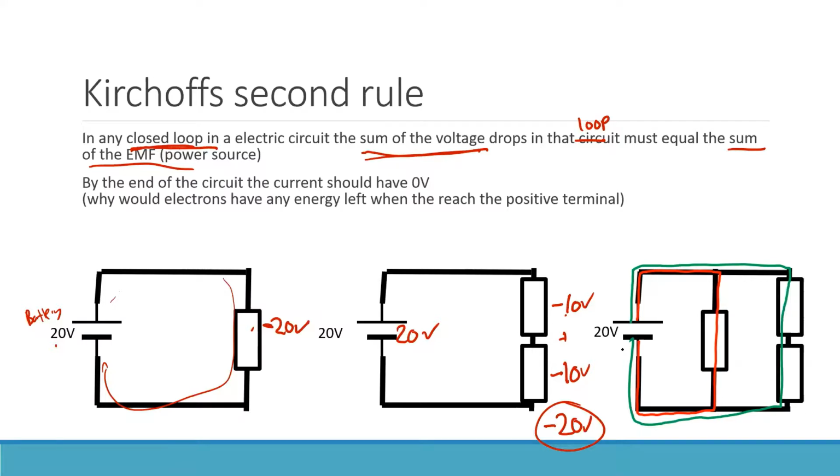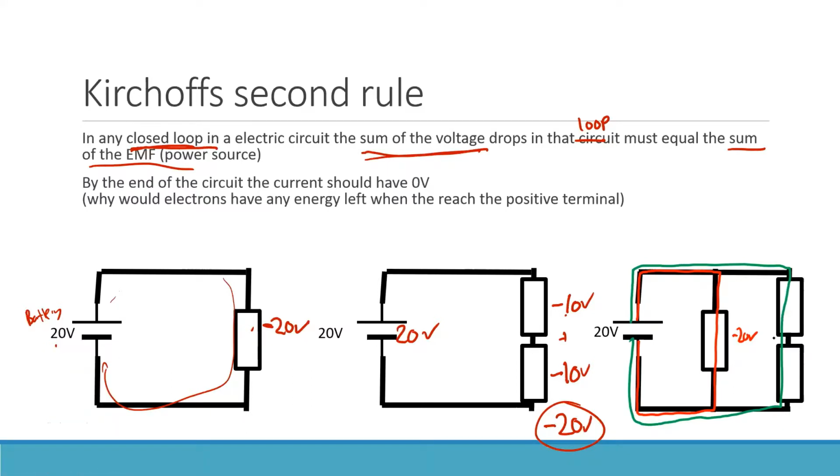And in both of those closed loops, we have to lose 20 volts. Now in the red one, there's only one place to lose 20 volts, and that's over this resistor. So this resistor drops 20 volts. But in this other one on the outside, we've got two resistors.